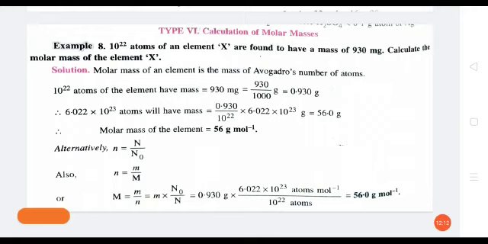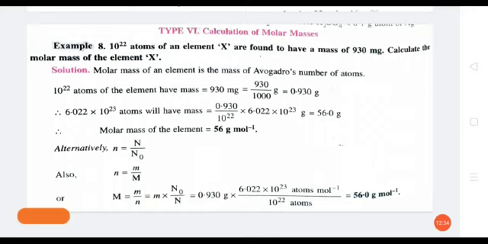We will go for second one. Okay, by the formula n is equal to capital N upon N0. Also n is equal to small m upon capital M. Okay, or M is equal to, m is going left side and n is coming this side.